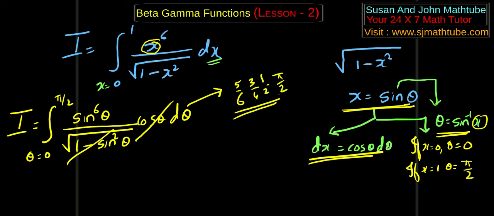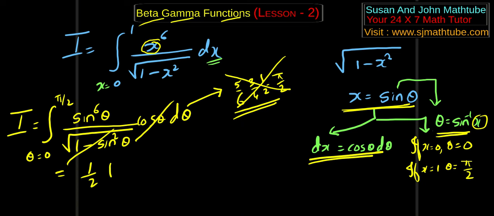So we know the answer, and as students you'll be tempted to use this, but wait a minute. If in the question it is mentioned use beta gamma integrals or beta gamma function, don't do this shortcut. But if nothing is mentioned, it's your will. Okay, so anyway, let's assume beta gamma function was asked.